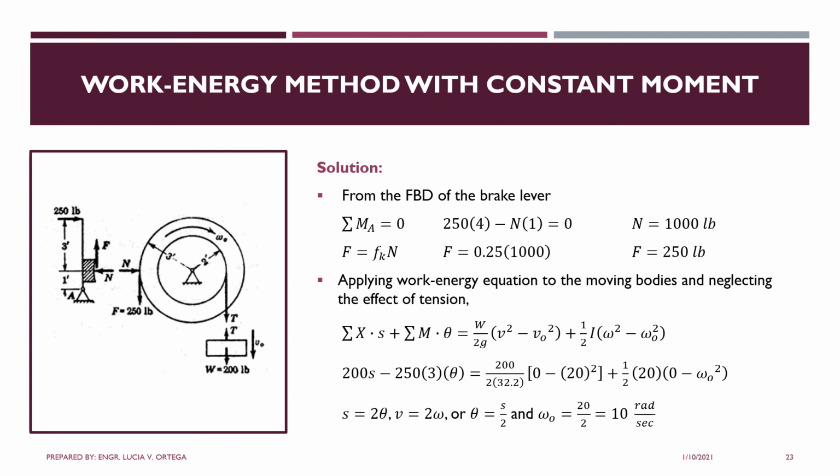There are two systems, the pulley and the block. So that's why we have here the change in kinetic energy for the block and the change in kinetic energy for this rotating body.